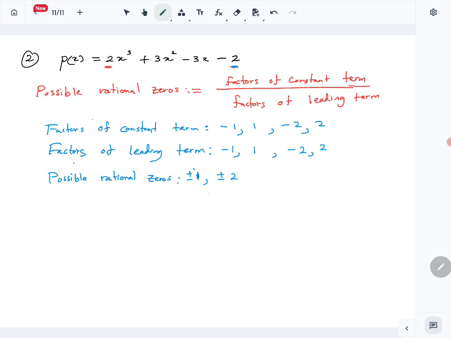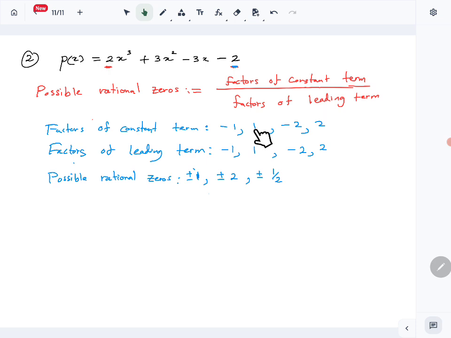What else? You can do 1 over 2 and minus 1 over 2. So that will give you two more possible zeros, plus or minus half, because when we divide minus 1 by 2, you get minus half.